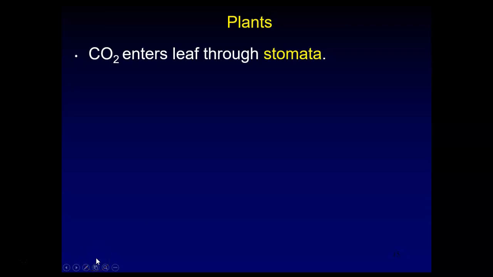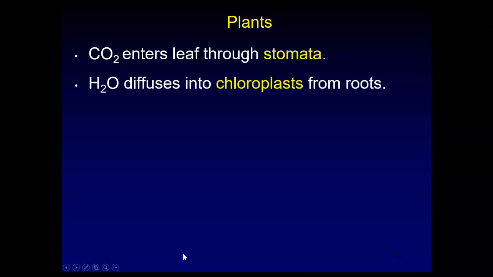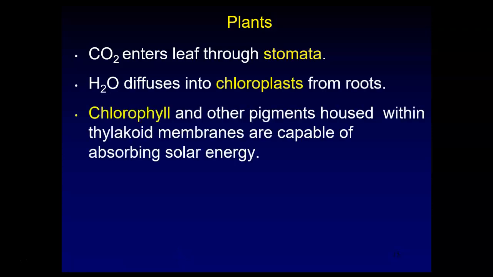Okay. Continued, we know that carbon dioxide enters the leaf through the tiny opening within the leaves called the stomata. Water, we said, diffused from the roots, and chlorophyll is housed as well as other pigments within the thylakoid membrane. So we know that the chlorophyll is capable of absorbing solar energy. If you know that chlorophyll is capable of absorbing solar energy, which reaction of the two groups would it be involved in?